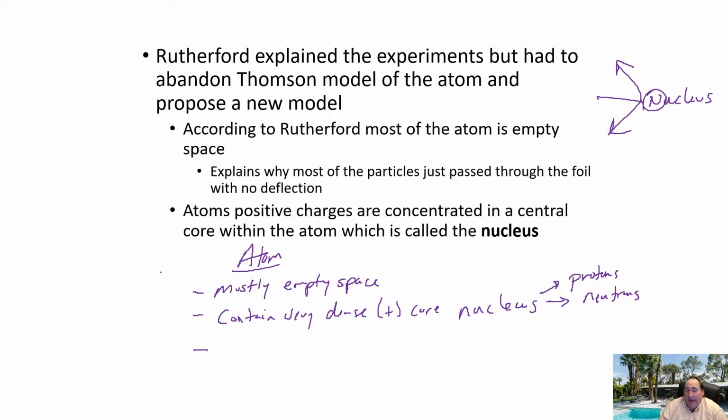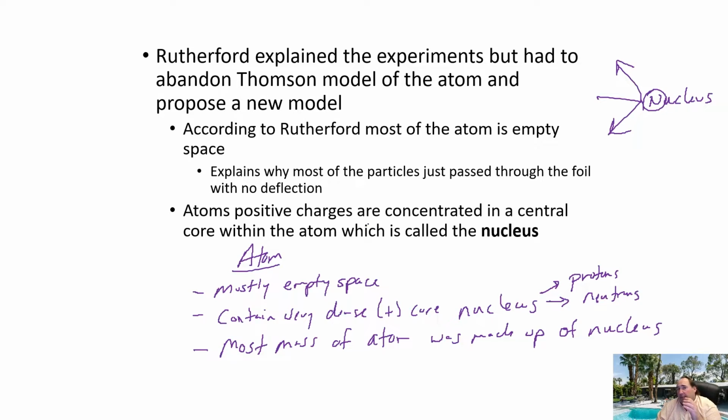And it was believed now that actually most of the mass of the atom was made up of the nucleus. So Plum Pudding model, based off of Rutherford's experiment, out the door, out the window.